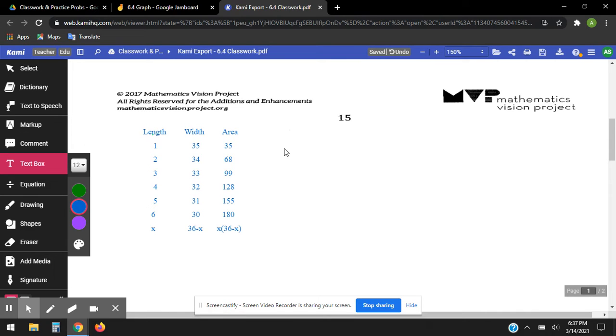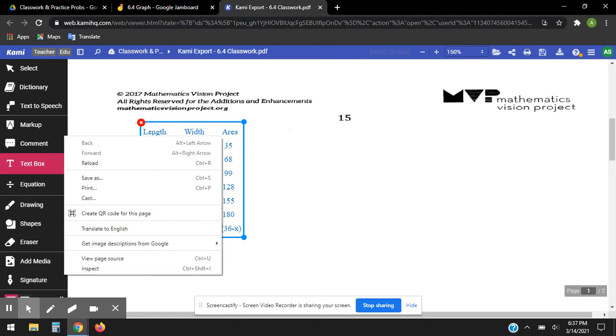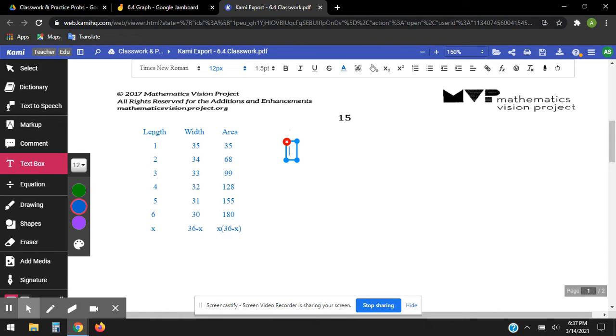Okay, so we've done 6 times 30. Someone might say, well, half of 36 is 18. So 18 times 18 will be the biggest numbers we can multiply, right? If the length is 18 and the width is 18, that would get us 324.